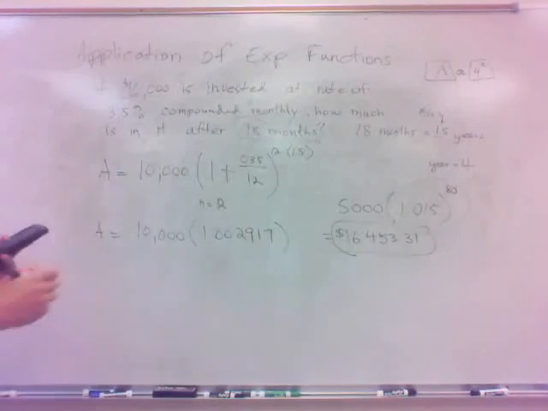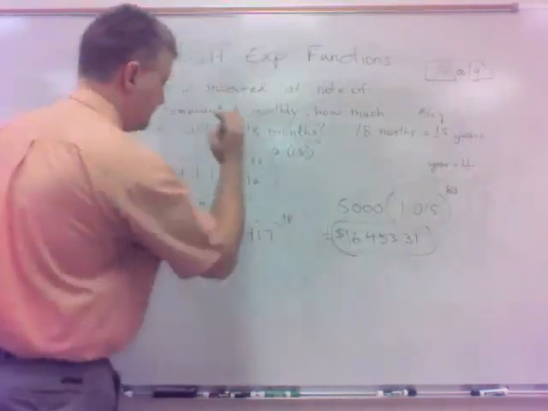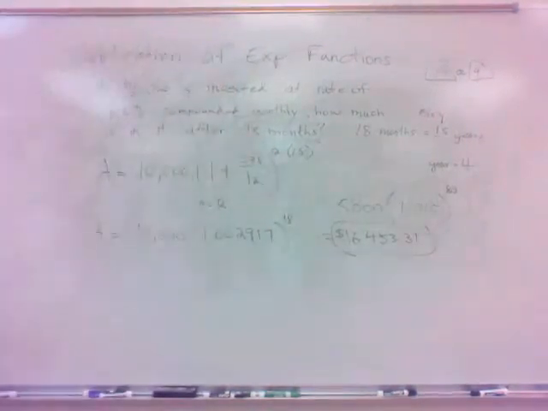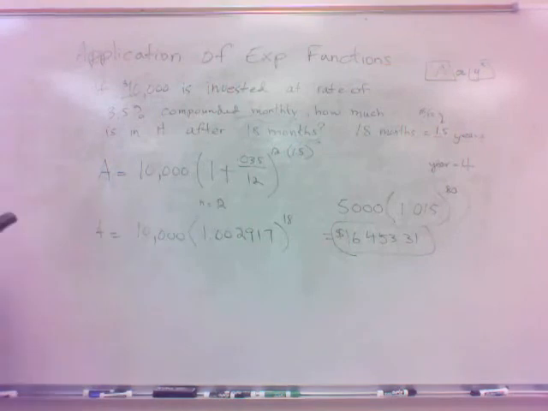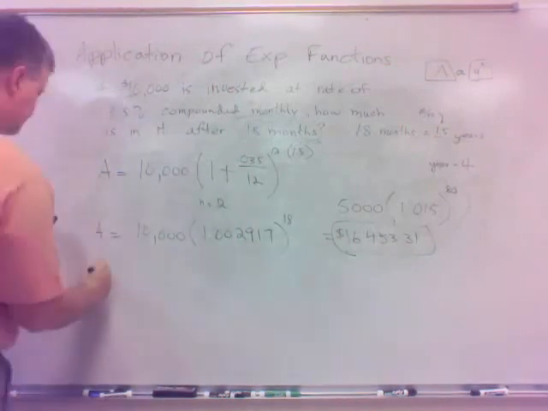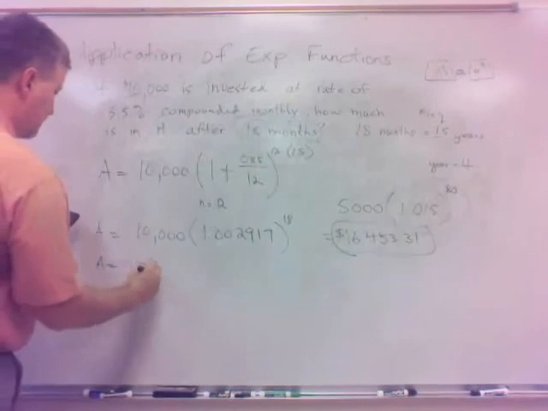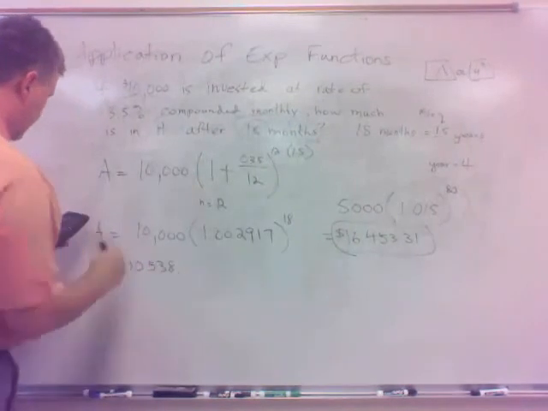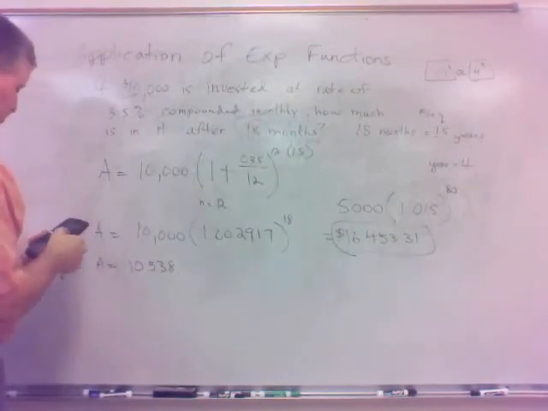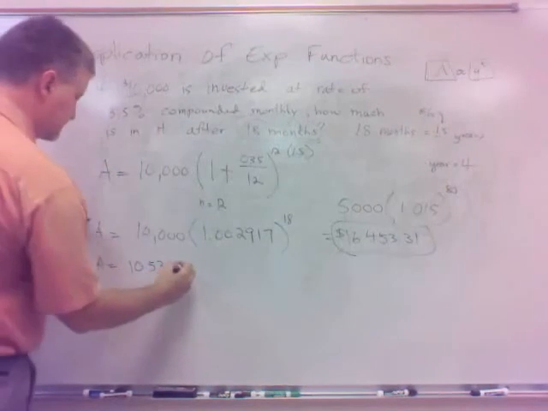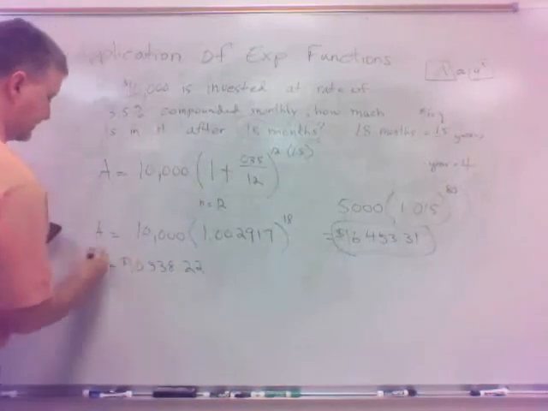And then that's going to be 12 times 1.5 is 18. That's interesting there. All right, so take that plus 1, raise that to the 18th, then multiply by 10,000. Exponents first. I get $10,538 and 22 cents. Something like that.